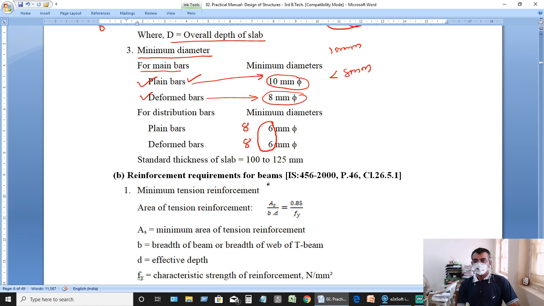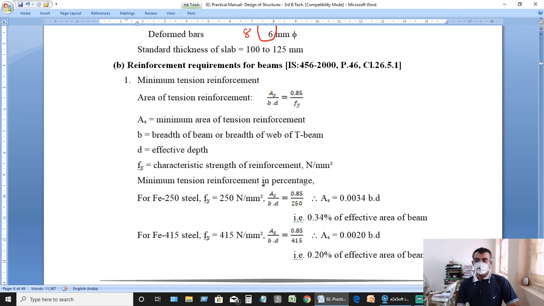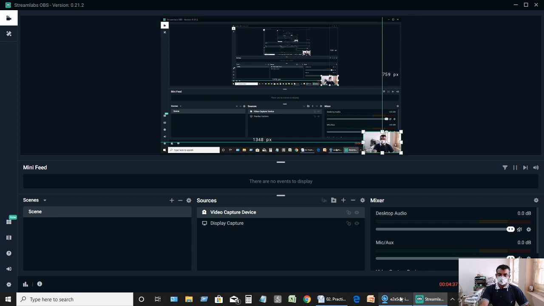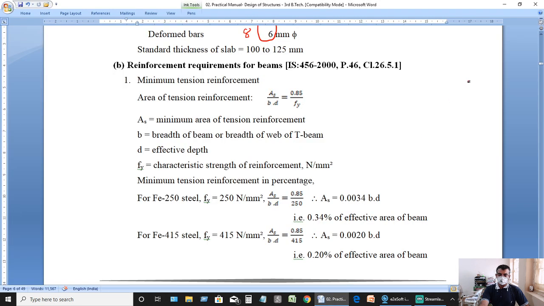Then reinforcement requirement for the beam, that is given on page number 46, clause number 26.5.1.